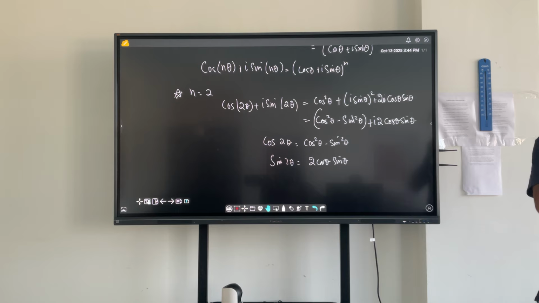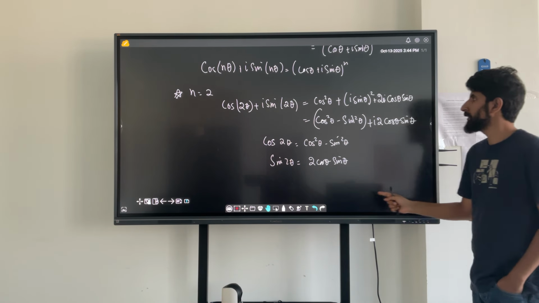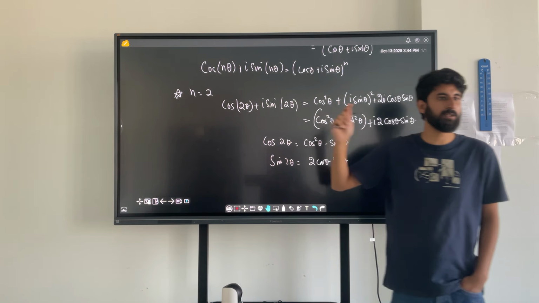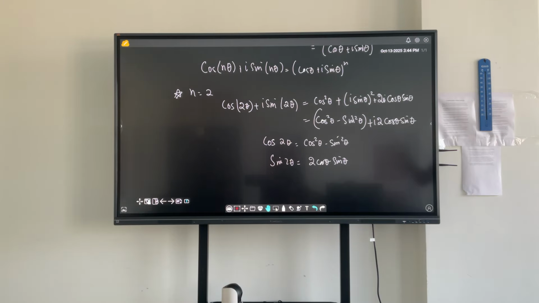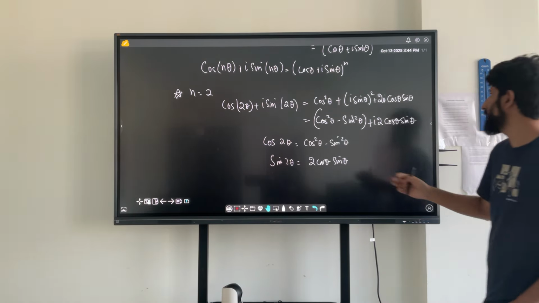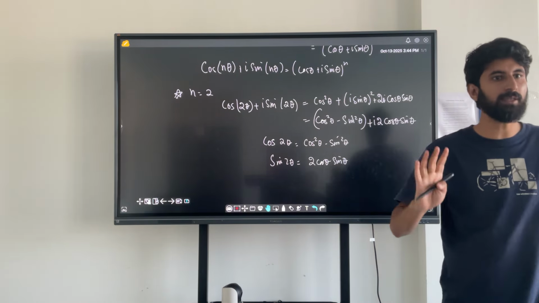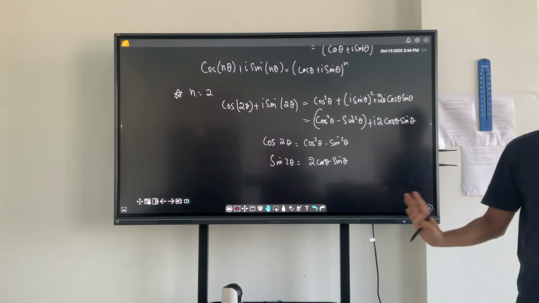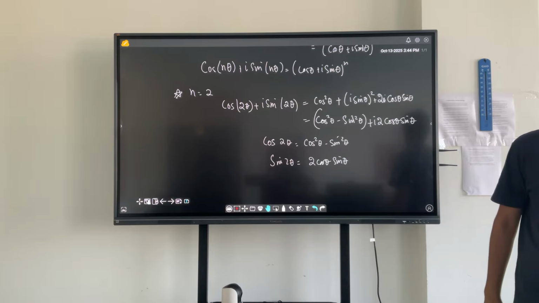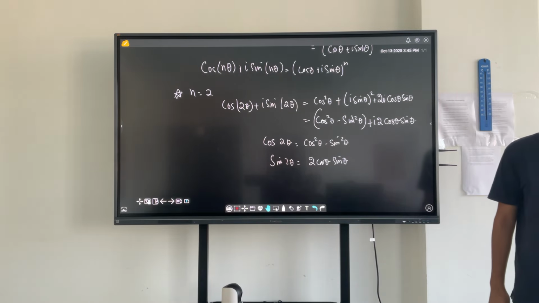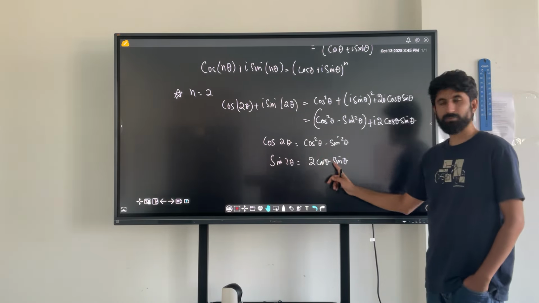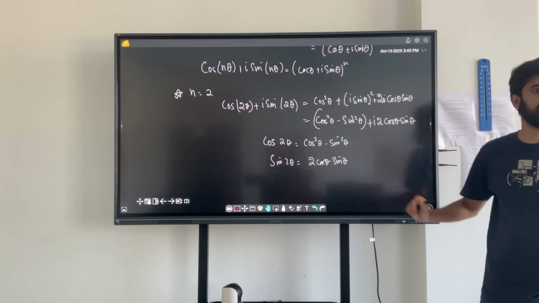So you can just use this equation to get, let's say, cos 3 theta or cos 4 theta, whatever, in terms of just squares and cubes of cos theta and sin theta. But you should remember these two because you will use them very frequently. You don't want to derive them again and again.